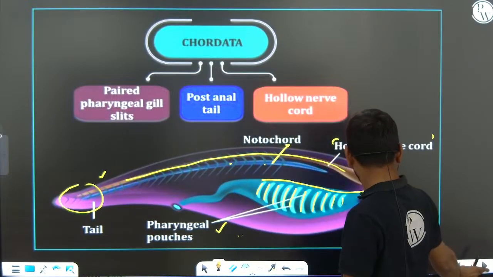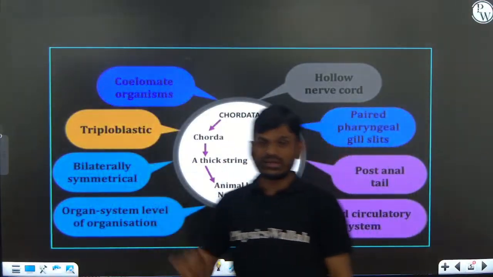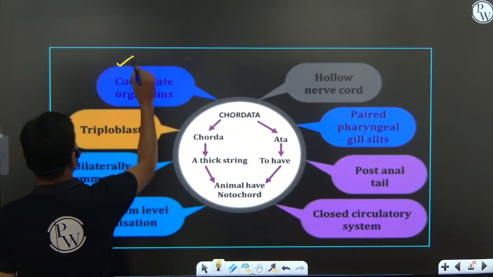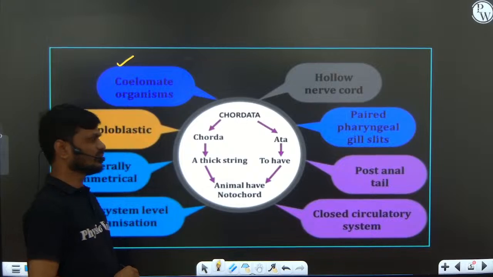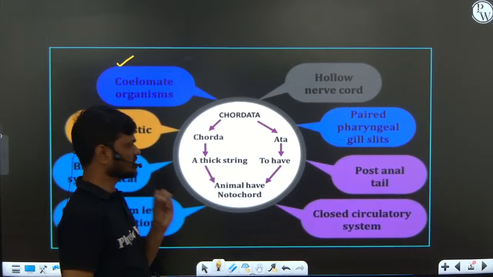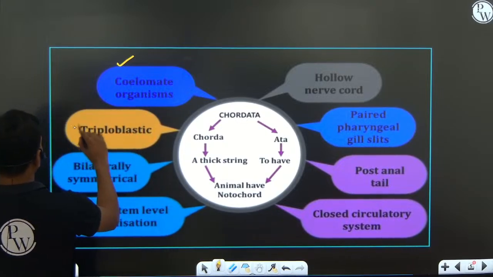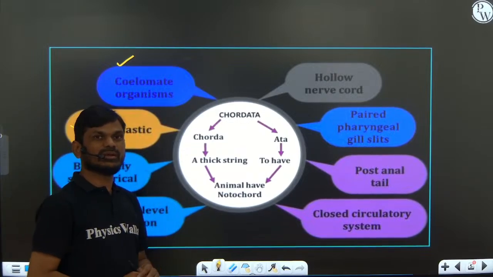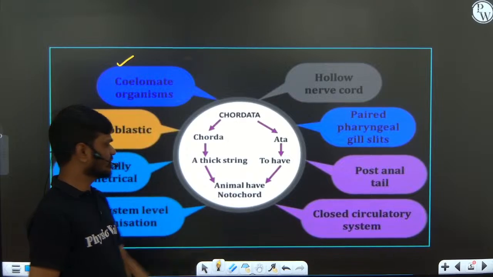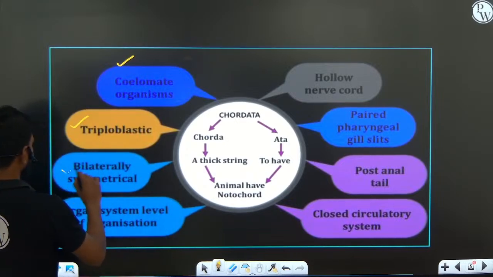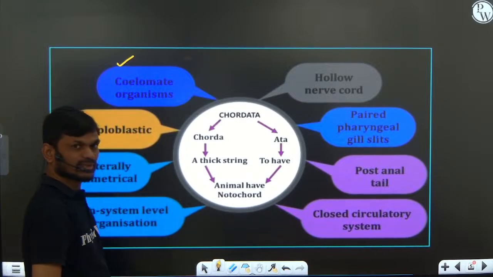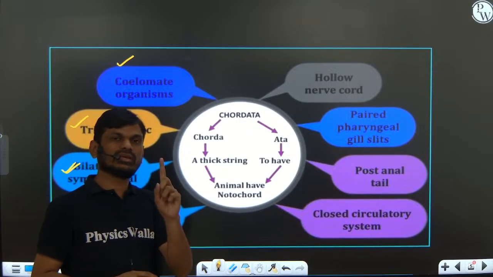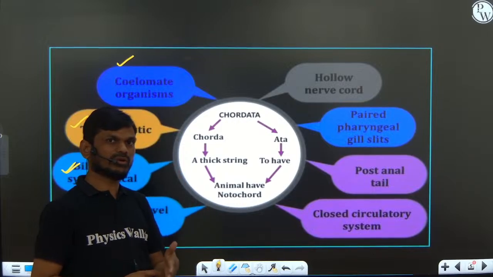Other characters of Chordata: they are coelomates, with a true coelom present, that is an enterocoelom. They are triploblastic animals, with three germ layers around the embryo: ectoderm, endoderm and mesoderm. They are bilaterally symmetrical, meaning they can be divided into two equal parts by a single plane passing through the center of the body.